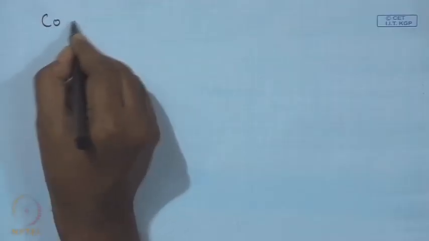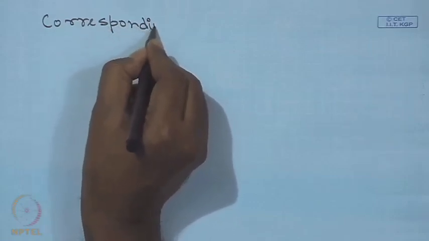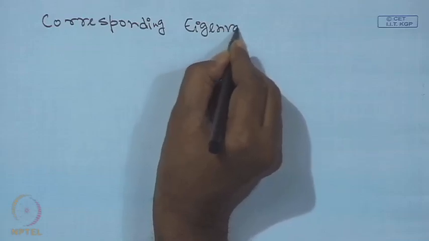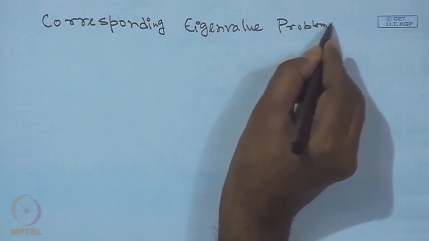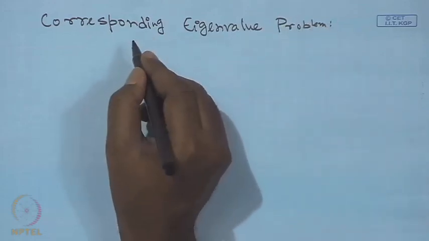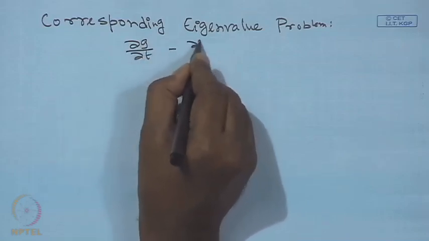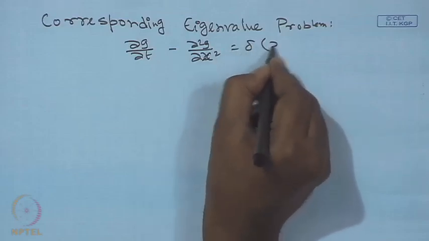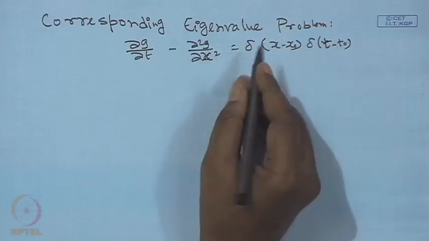So, let us formulate the corresponding eigenvalue problem. If you look into the governing equation, del g del t minus del square g del x square is equal to delta(x minus x0) delta(t minus t0).